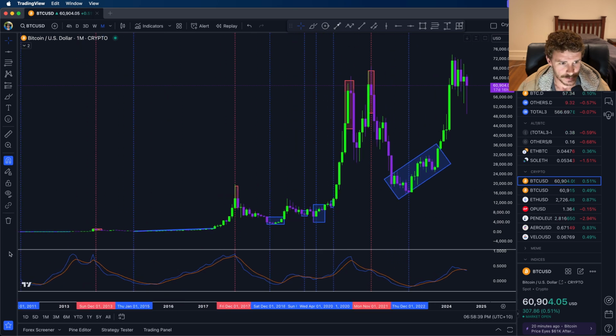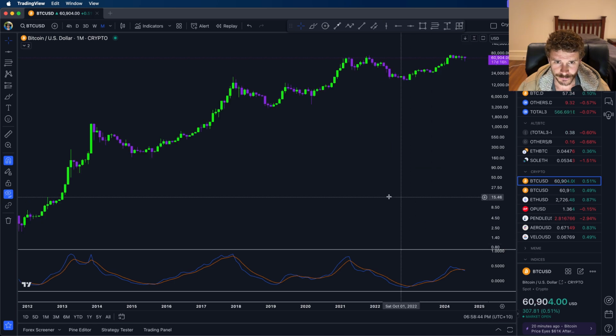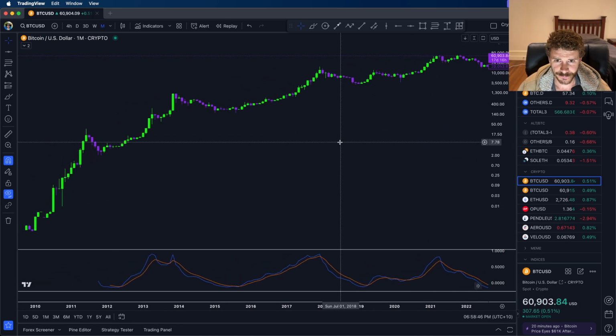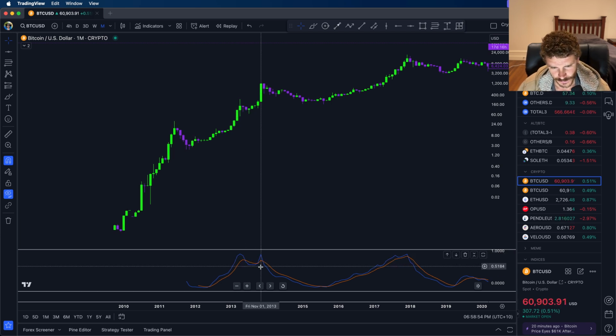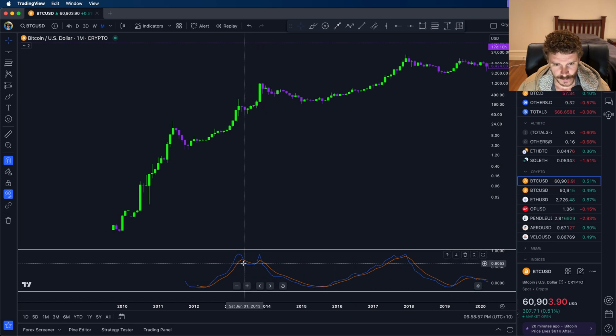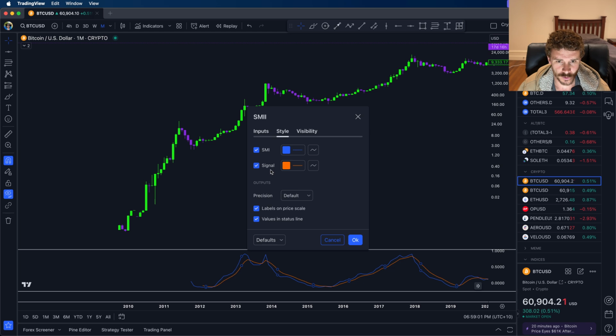And get rid of these lines for a sec. And if you go logarithmic, okay, there's your price. And we had this level and it crossed. So the blue crossed below the red, orange. Okay, so the signal line. I'll just show you. So yeah, the orange is the signal line and the blue line is the SMI line.